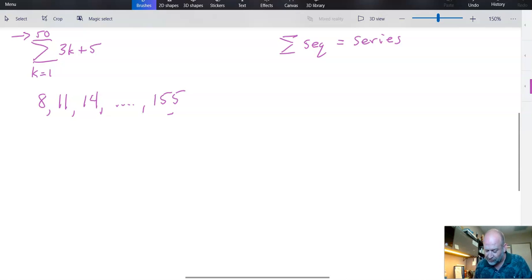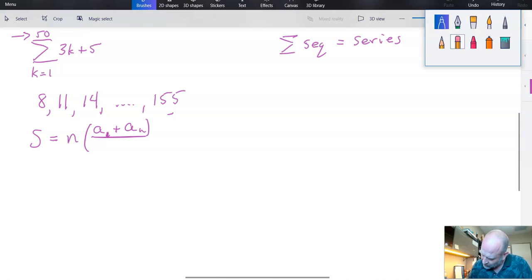I know there's 50 terms. I know the first and the last terms. So if I want the sum of this entire thing, remember it's the number of terms times the average of the first and the last term.